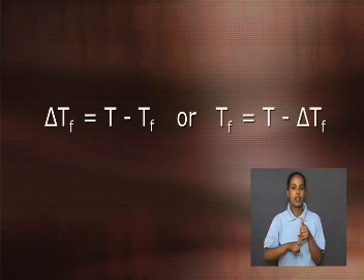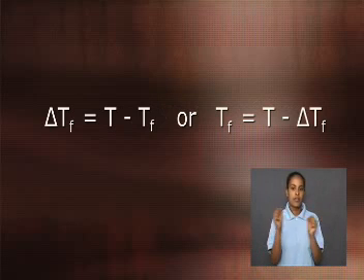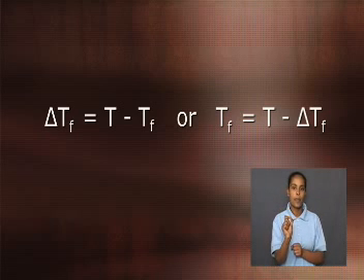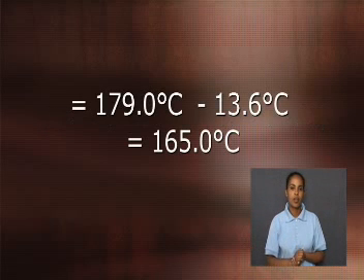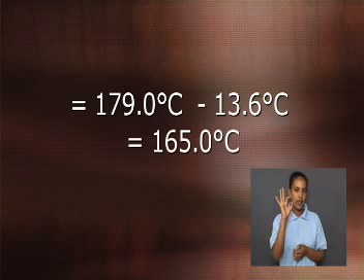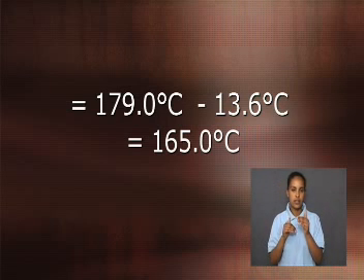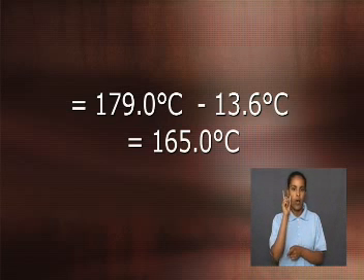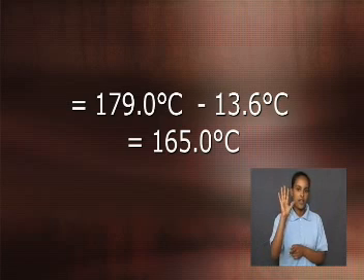Finally, we subtract the freezing point depression from the freezing point of the pure solvent, which gives us the freezing point of the solution. 179.0 degrees Celsius minus 13.6 degrees Celsius gives us the answer: 165.4 degrees Celsius.